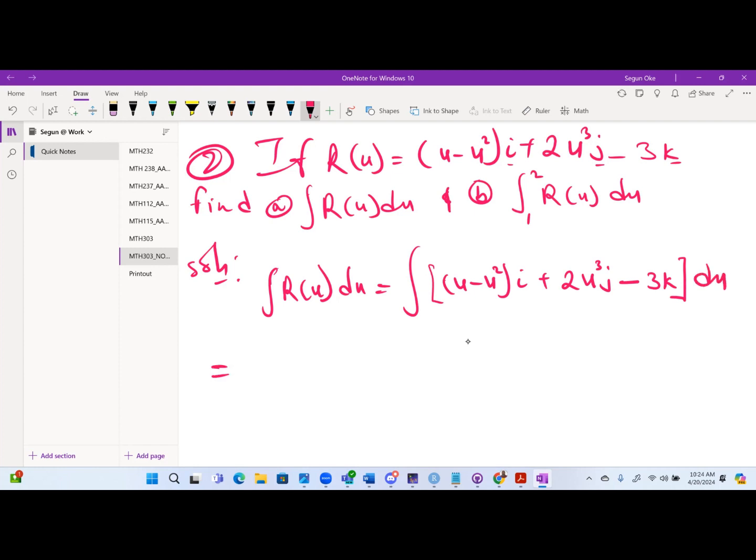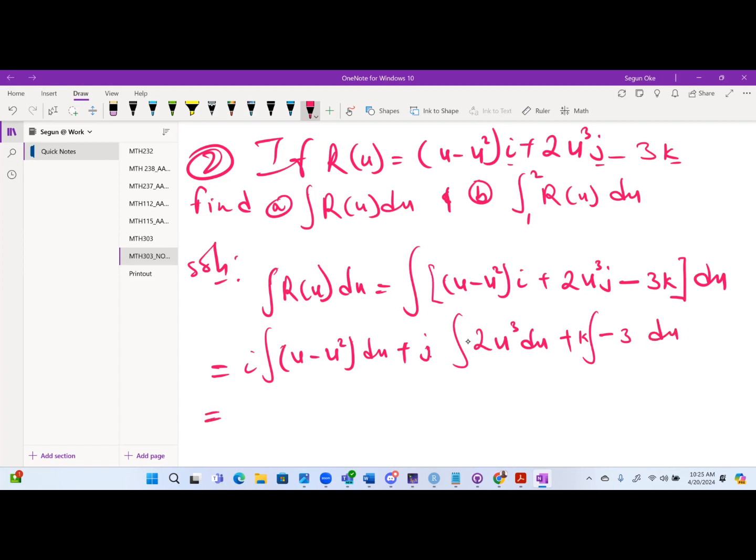So which is going to be i times the integral of U minus U squared du plus j times the integral of 2U cubed du plus k times the integral of negative 3 du.